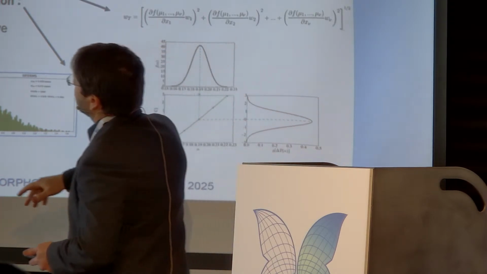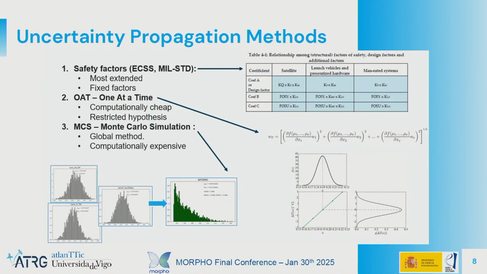Okay, so in our project, we use two types of methods. One is the one-at-a-time methods, in which you make a variation of one parameter each time. Okay, and then you compute the uncertainty as some sort of combination of these individual uncertainties. Okay, and also we have Monte Carlo simulations.